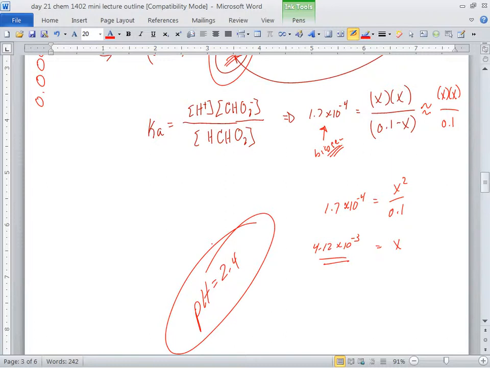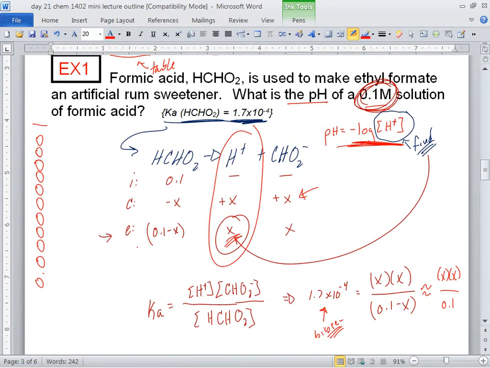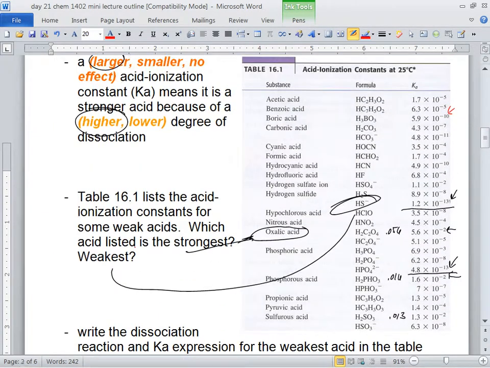Okay? So it's good. The problem is there's a threshold where you're not going to get the right answer by doing this anymore. That's where the trick comes. The trick comes looking at this table and recognizing which ones are going to give me really small x's.